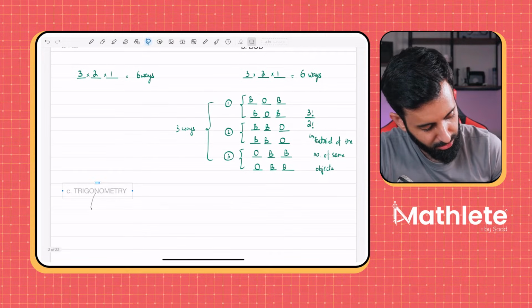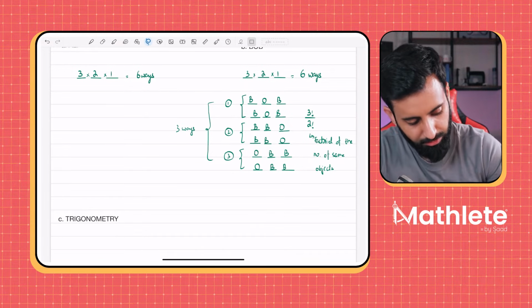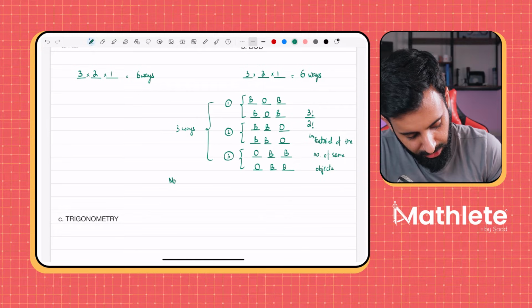Now let's make some room here. Yeah, so here's the note. I want you to pay close attention.